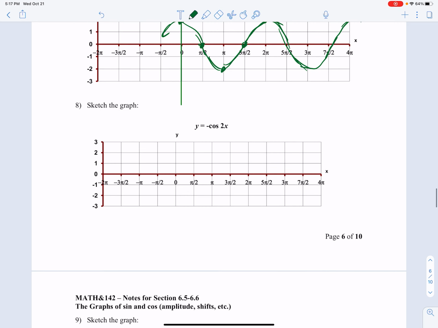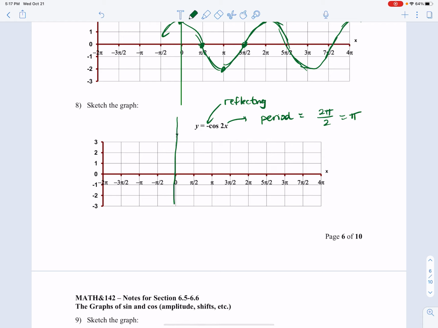And again, combining ideas here. Notice there's a negative out front of the cosine x. So that means we're going to be reflecting. And cosine of 2x means that the period is 2 pi over 2, which is pi. So we have an inverted cosine graph that has a shorter period than it did before.